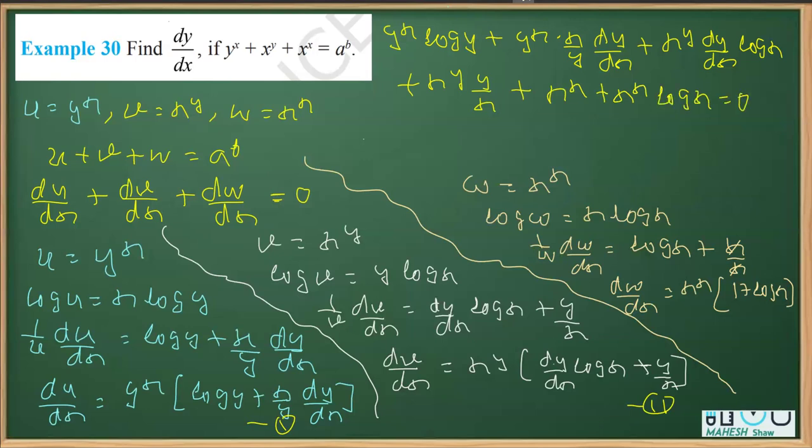Now we know we have to find dy by dx. So we'll be isolating dy by dx. I can see dy by dx is over here once. Then we have dy by dx over here twice. So we'll be taking dy by dx common. Let's say I erase this portion now.